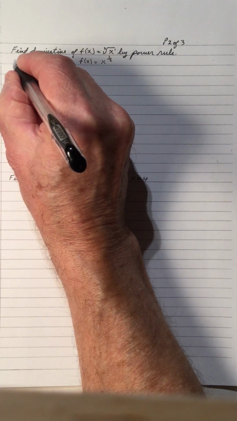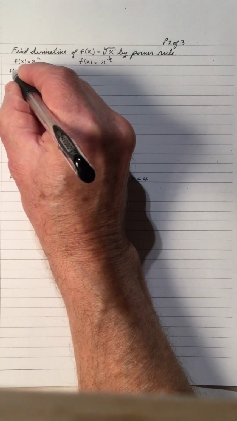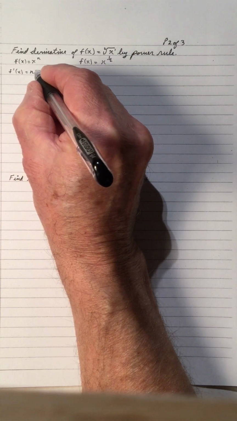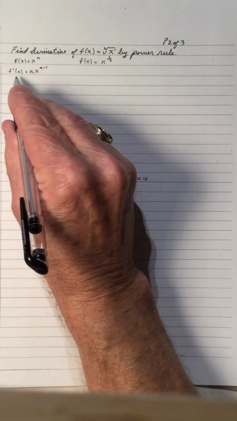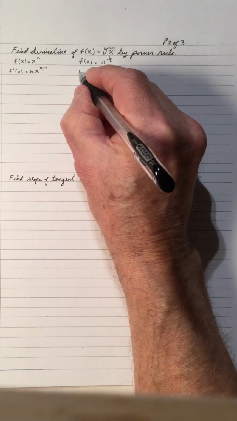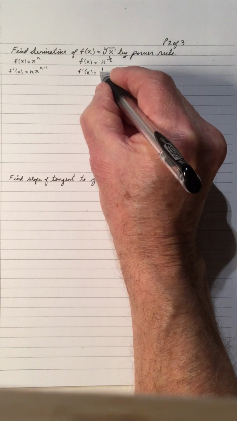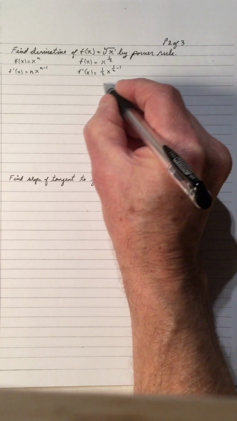is f of x equals x to the n. So the derivative by the power rule is the n goes in front and the exponent decreases by 1. So let's obey this power rule. So f prime of x, which is your derivative, 1/2 goes in front and the exponent decreases by 1.